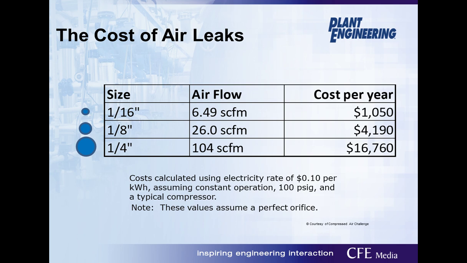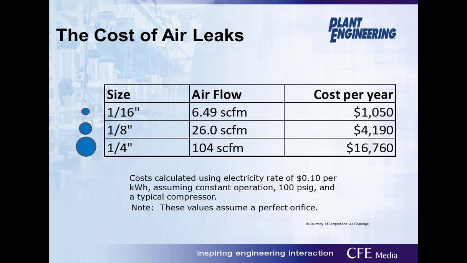This gives you an actual example of the cost of compressed air. If you look at that quarter-inch leak, calculated at 10 cents a kilowatt hour, assuming constant operation at 100 psi, it's almost $17,000 a year for that quarter-inch hose. And when you talk about air leaks, I want to go back to the inappropriate uses.